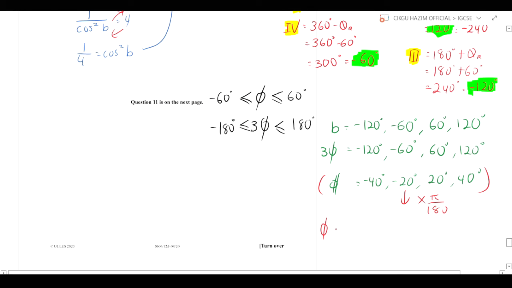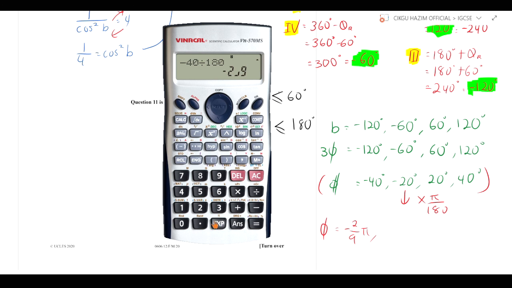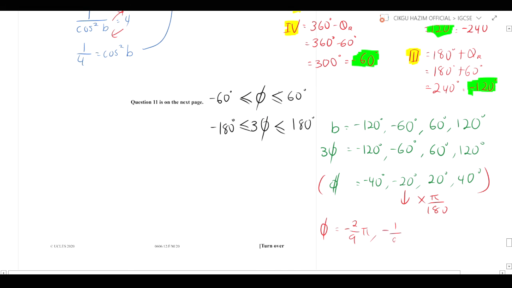So negative 2 over 9 pi, and then negative 20 divided by 180 degrees, you're going to get negative 1 over 9, negative 1 over 9 pi, here 1 over 9 pi, and here 2 over 9 pi. All of this is in radians. Okay, alright, and that's supposed to be your final answer.